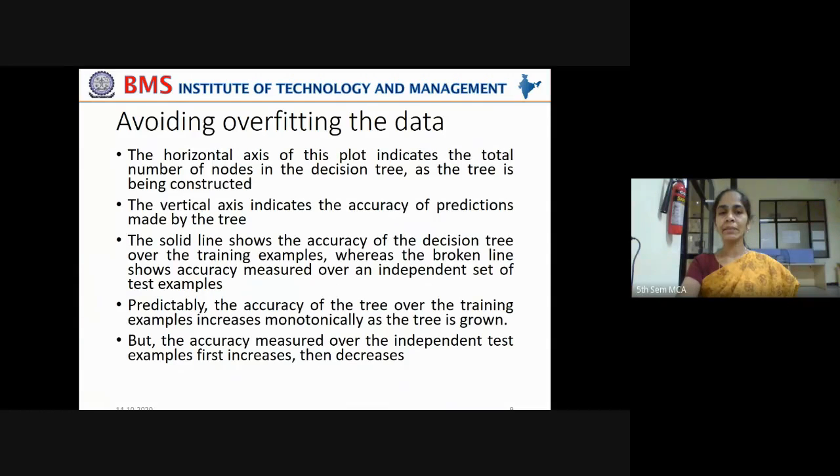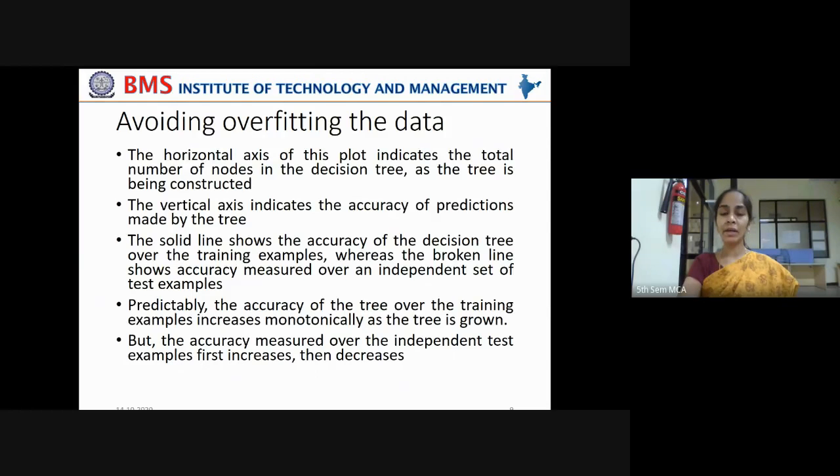Now, predictably, the accuracy of the tree over the training examples increases monotonically, slowly, gradually, as the tree is grown, as the levels in the tree keep expanding.